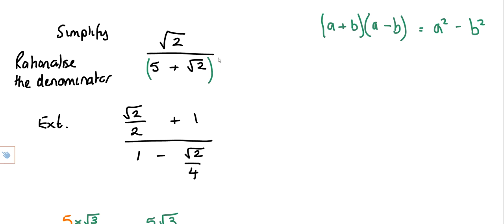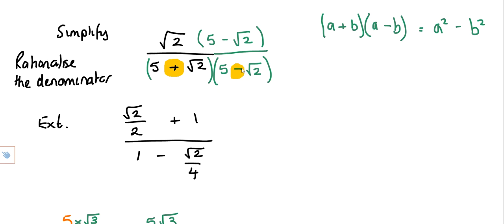Well, I want to multiply this by not 5 plus root 2, but 5 minus root 2, because I'm looking at these two. And I need to do the same to the top, 5 minus root 2. Make sense? It's very important that we have a plus and a minus.